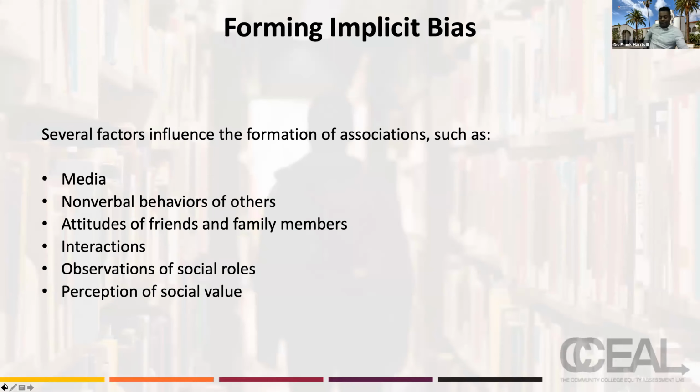There are several factors that influence our thoughts and feelings when our implicit bias is most present. Some that you see represented here: the information we consume from the media, whether it be on television or social media, is one example. Then the nonverbal behaviors of others.